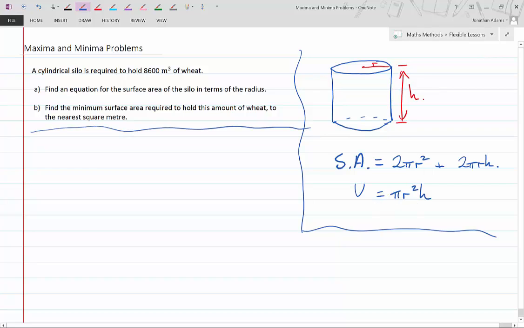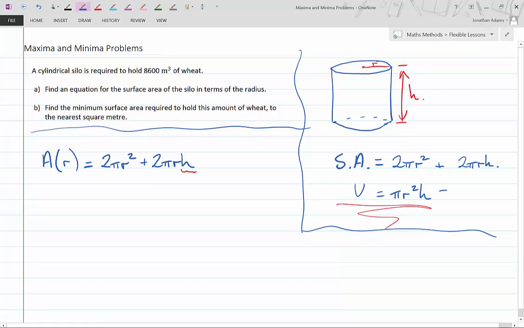We know that the area, I'll use A rather than SA, A of R, because we need it in terms of the radius, is going to be this. That's my surface area formula, but it's got an h in it at the moment, and I've got to get rid of it. I'm going to use my volume formula for that.